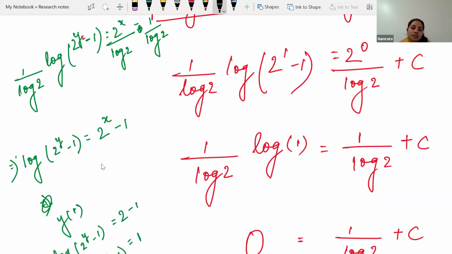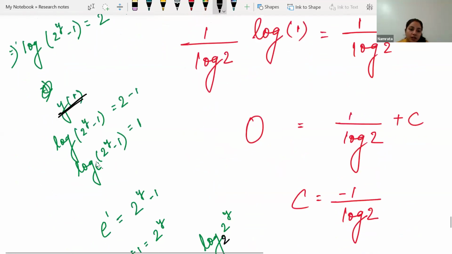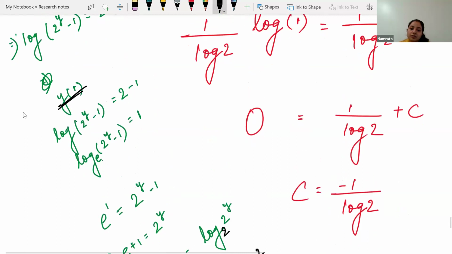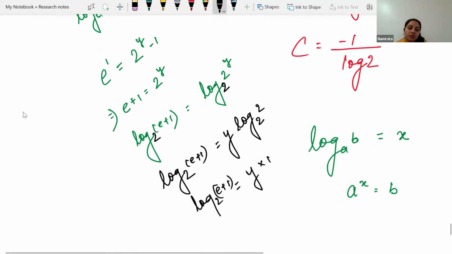After that it is asked to find y of 1, so we took x value as 1, and then twice we used the property of logarithm. And yes, we are done with this y value, that is y is equal to log of e plus 1 base 2. Is it clear to everyone?